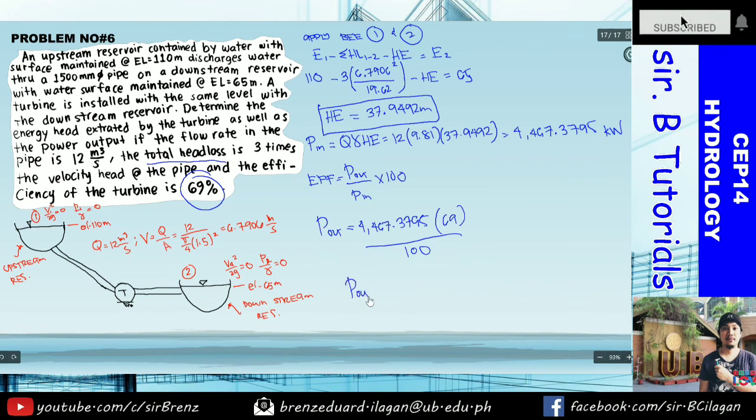The power output is 3,082.4919. Again, if the final answer is required to be horsepower, just convert that in horsepower. Pero ibaksan natin to. Ito yung hinahanap sa pangalawang tanong.